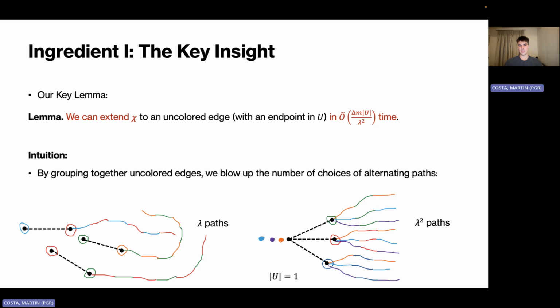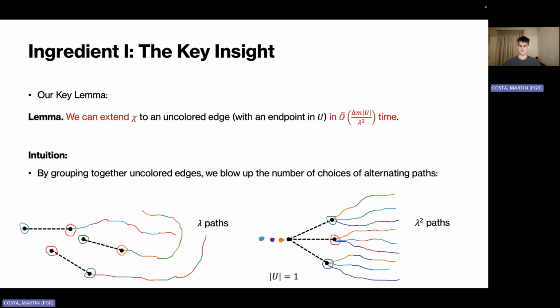So we can't really do better than this bound if the uncolored edges are spread out all over the place. On the other hand, if we now take all of these lambda uncolored edges and compress them together so that they share one single endpoint, this one endpoint which they all share now has many, many uncolored edges incident on it, right? So in this case where the size of U is equal to 1, it'll have at least lambda uncolored edges incident on it, right?